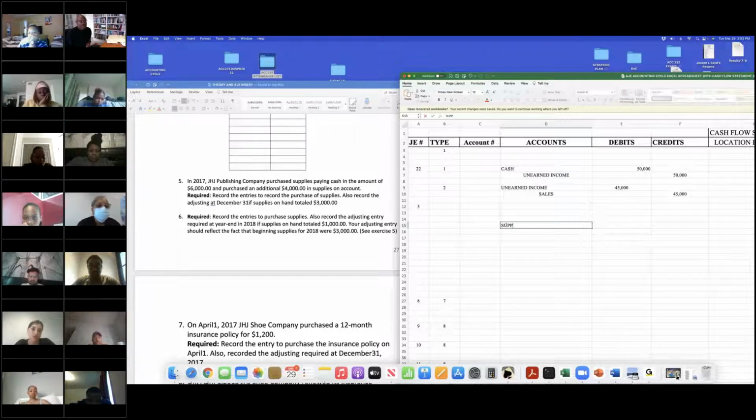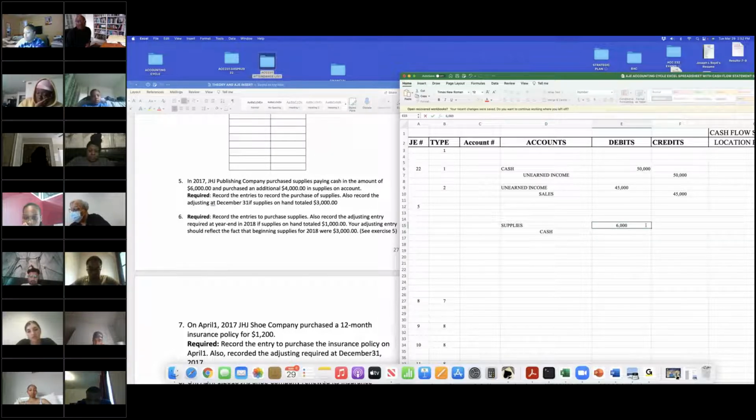So you purchased supplies. The first thing you did was purchase 6,000 in cash, right? Correct. Then what's the next thing you did? I also purchased 4,000 in supplies on accounts payable. So you purchased 4,000 on account.